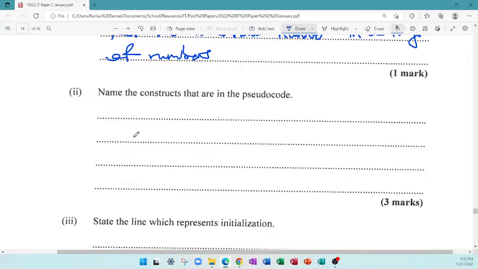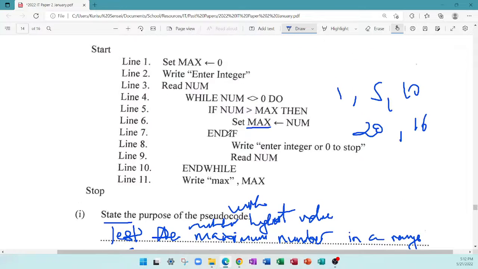Yes, sir. Now name the constructs that are in the pseudocode. So the first question you should be asking is, what are constructs? Anybody know what's a construct?